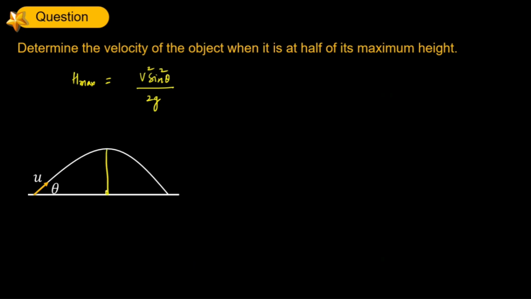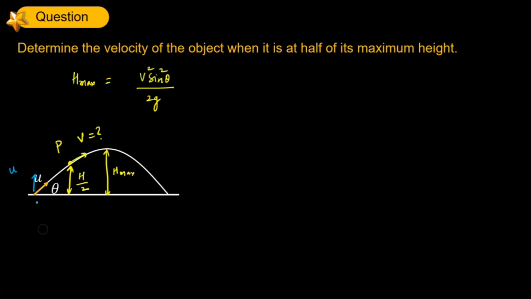If this is the maximum height, h max, then half of the maximum height is going to be this. I can consider this as the point P, where we actually have to find out the velocity V. This point is h by 2, right? So let us try to figure out what quantities we have been given here. Again, we have the initial velocity in y-axis, which can be written as u sine theta.